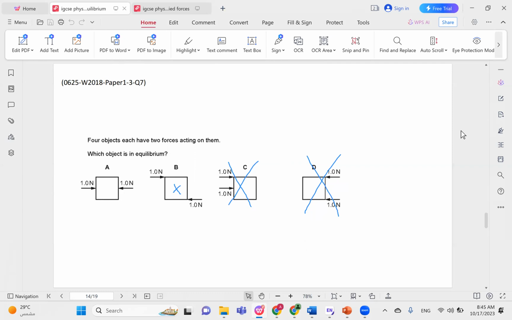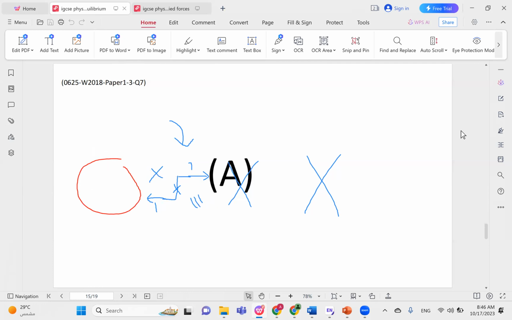So if we just copy the forces so that they're moving out, this is one, and this is one, and then we connect them to the center, we see that they are both going to rotate the object in the clockwise direction. The only case where the forces are in opposite directions and cancel each other in terms of force and moment is choice A. Hence, choice A is the correct choice.